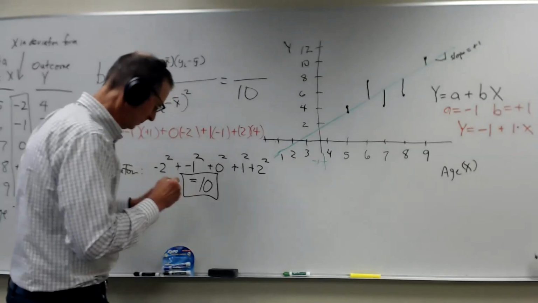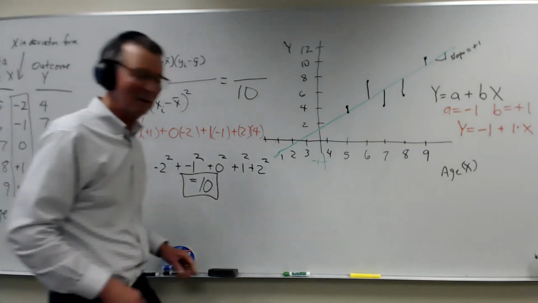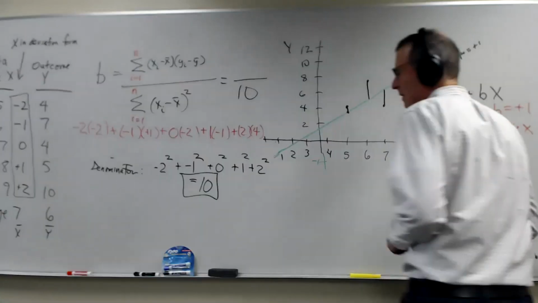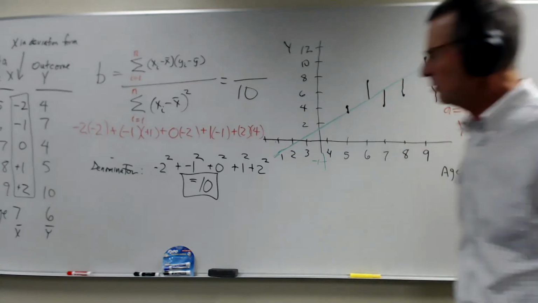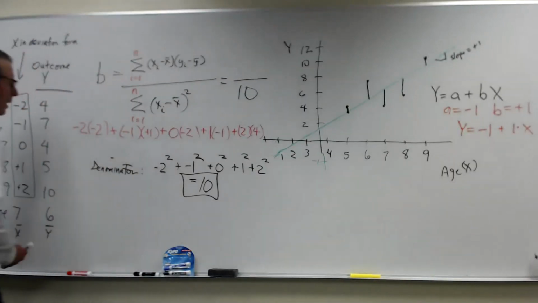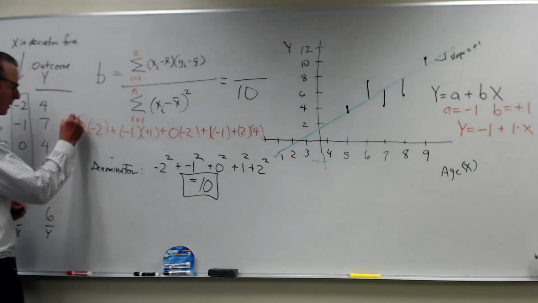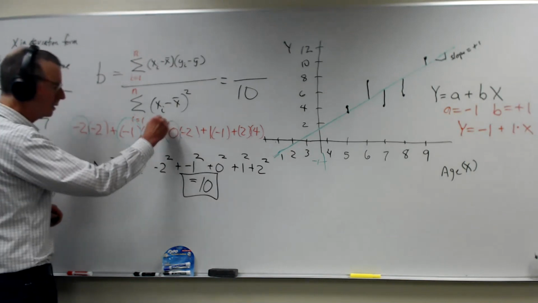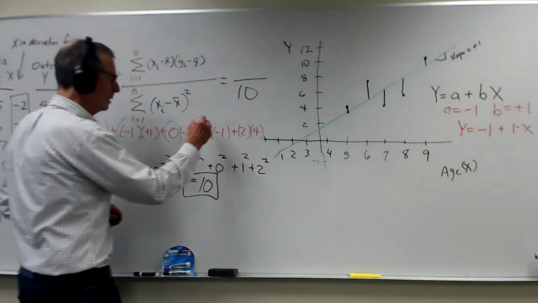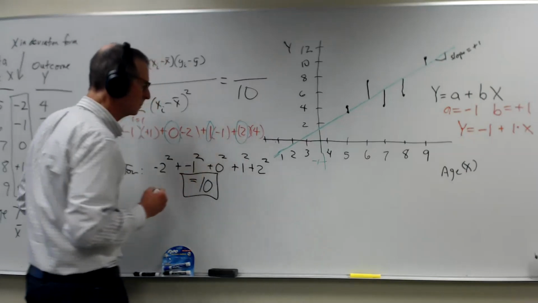All right, so I promised this would be instructive, so let me try to explain why I think it is instructive. So ignore the y values for a moment and just look at how a calculation of the slope is weighting the different y values, right? Here we've got a weight of -2, a weight of -1, a weight of 0, a weight of +1, and a weight of +2.